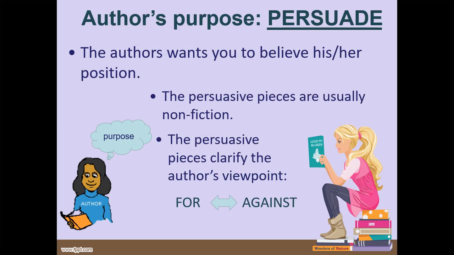When you see the advertisement, the author wants you to use this toothpaste. He is persuading you. You see, these persuasive pieces are usually non-fiction, and these pieces clarify the author's viewpoint, whether he is for or against the issue.